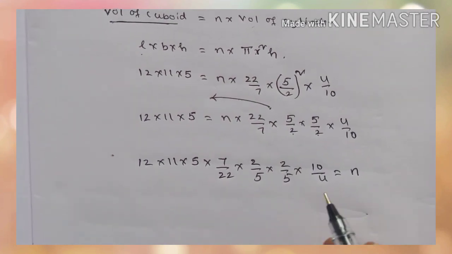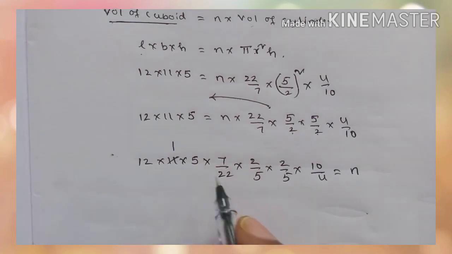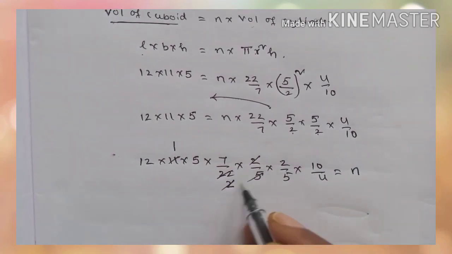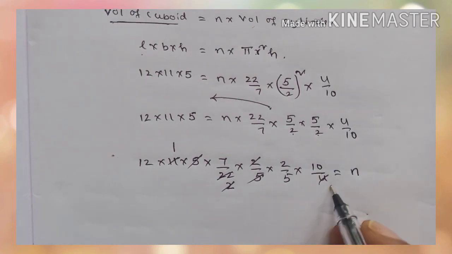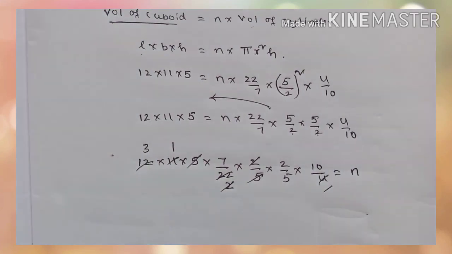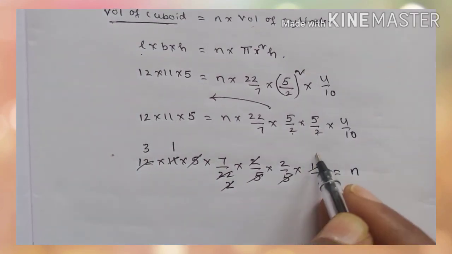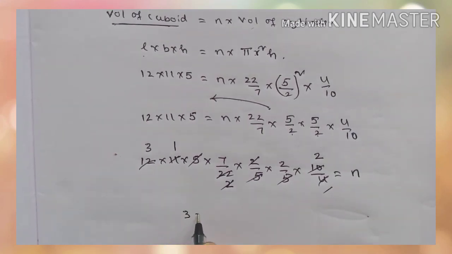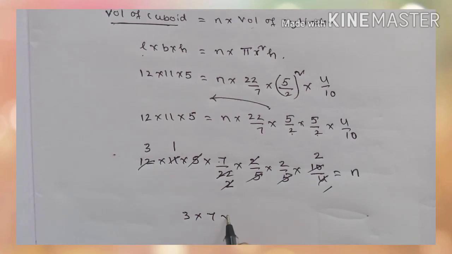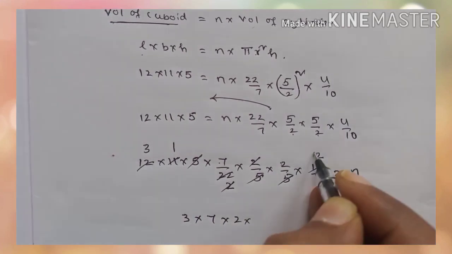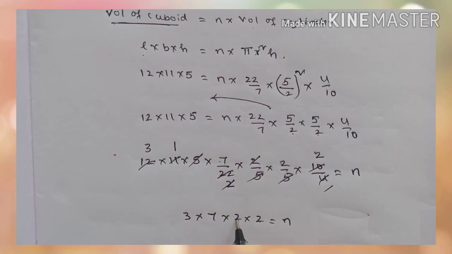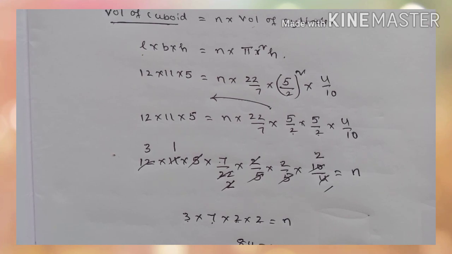Let's cancel. Okay, now 11 ones are 11, 11 twos are 22. Now 2 cancel, 5 cancel, 4 threes are 12, 5 ones are 5, 5 twos are 10. All the denominators are cancelled, and the remaining value is 3 into 7 into 2 into 2. 2 twos are 4, 4 sevens are 28, 28 threes are 84.